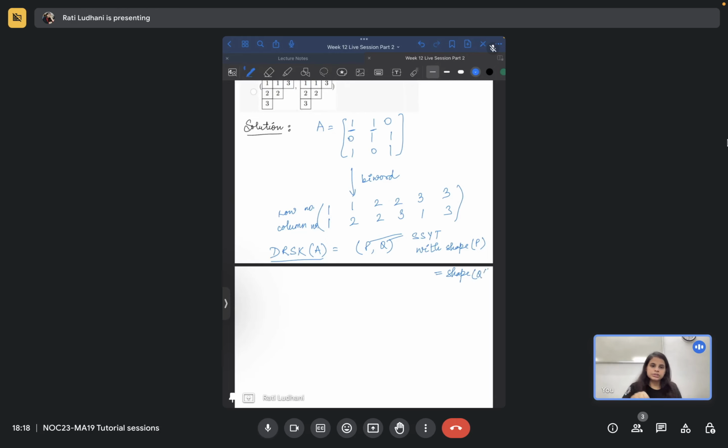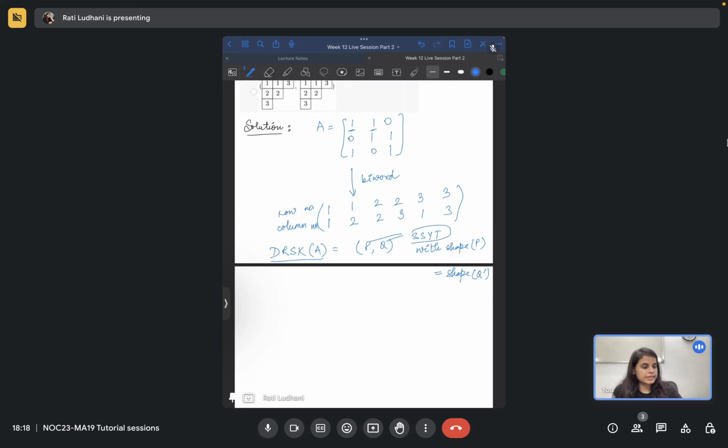Q dash means the rows will be columns and the columns will be rows, so we just invert it in that sense. So this is DRSK.